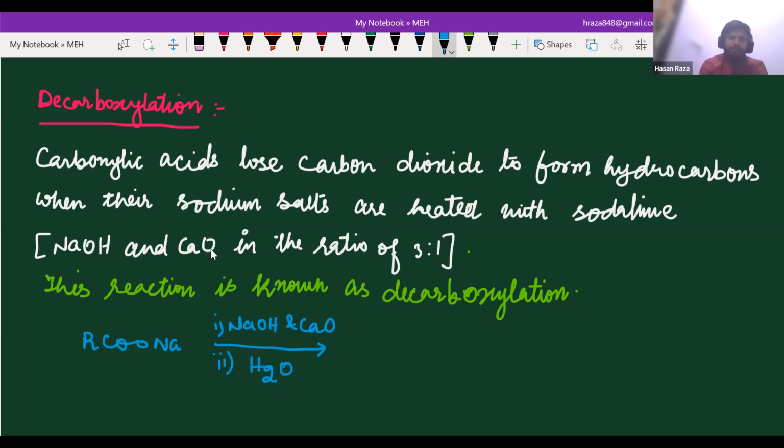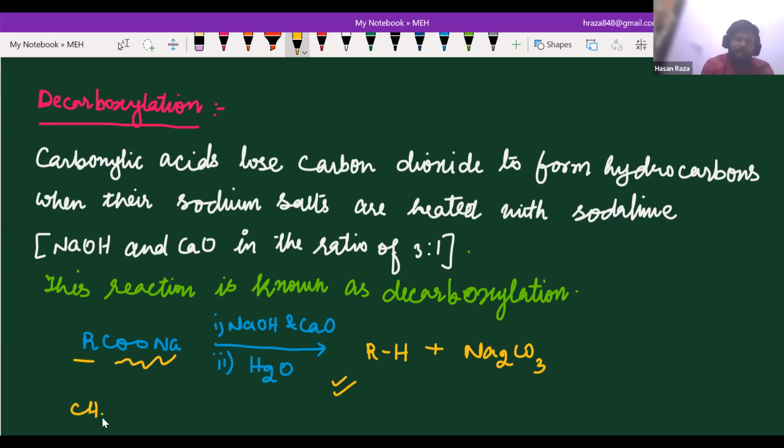Then this Na2 will combine to form Na2CO3, and this R will be directly converted into alkane.